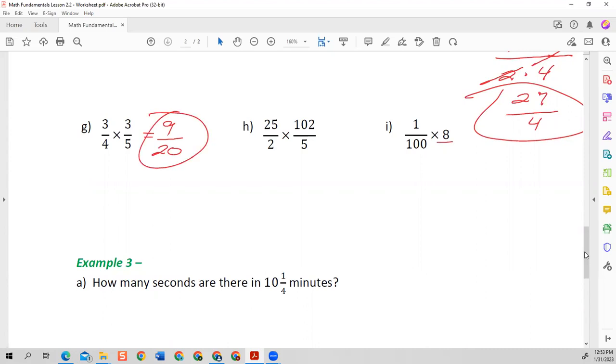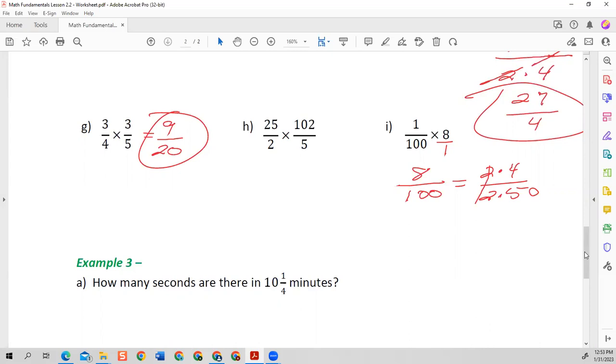Let's do I. So I have 1 over 100 times 8 over 1. So 1 times 8 over 100 times 1. And we can reduce this by 2. 2 times 4 is 8. 2 times 50 is 100. And will 4 go into 50?